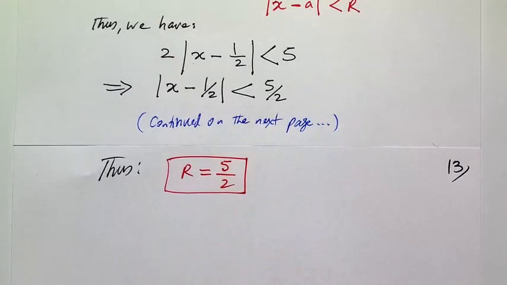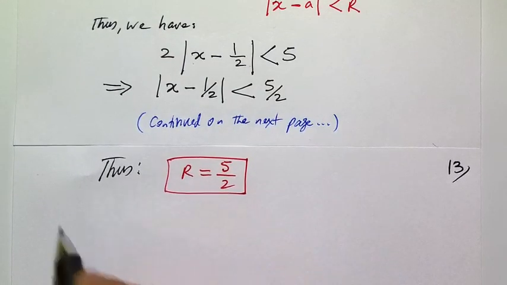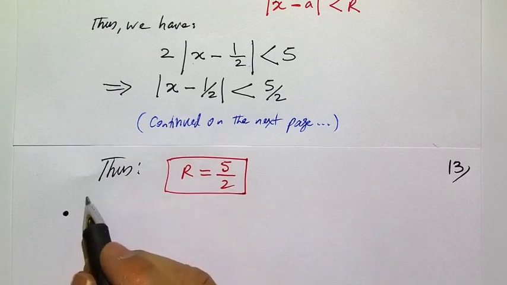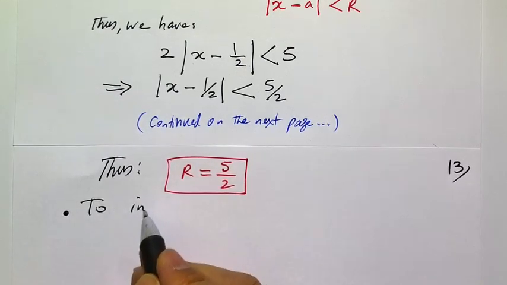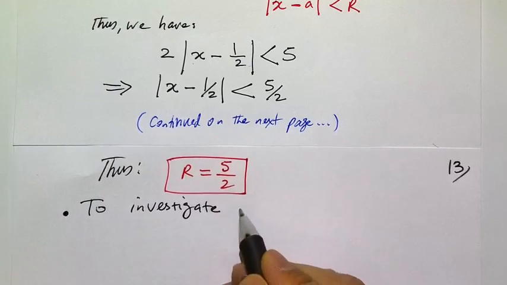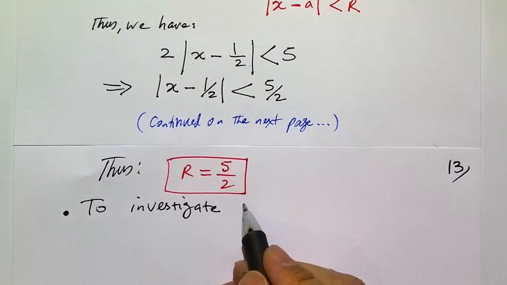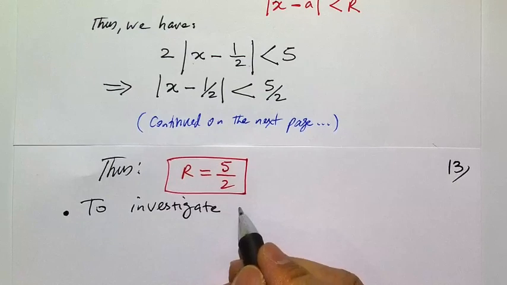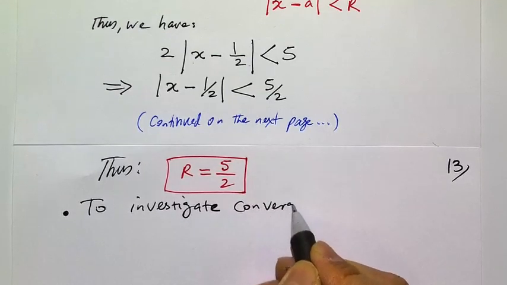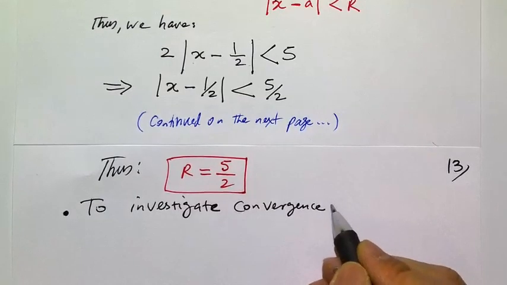But still we have to investigate the interval of convergence, or investigate convergence at the endpoints, right?